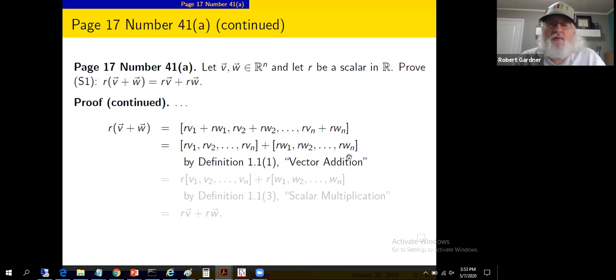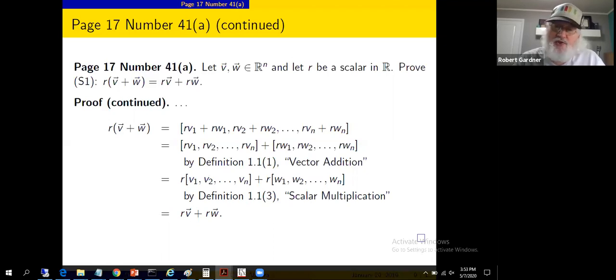Actually, there's R's all over the place. We can factor this R out. No. Factoring is kind of distribution backwards. No, you don't factor it out. You use the definition of scalar multiplication. I mean, you bring it out front for sure, but technically that's the definition of scalar multiplication.